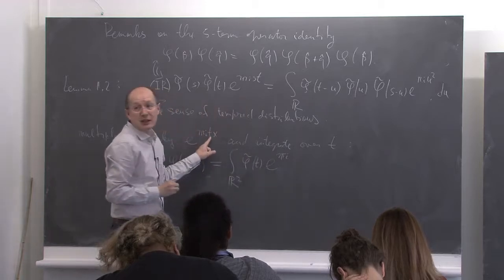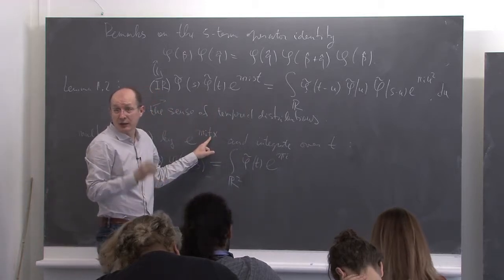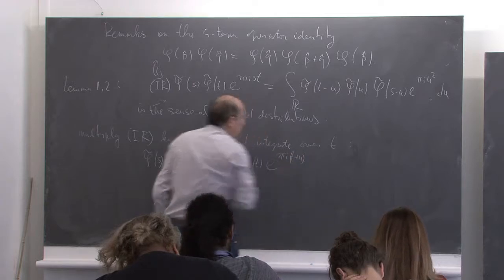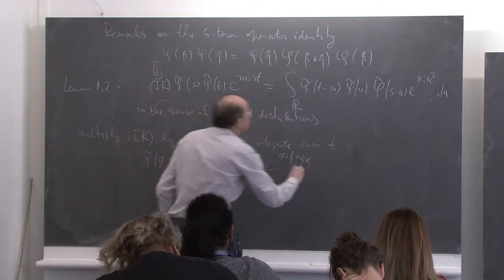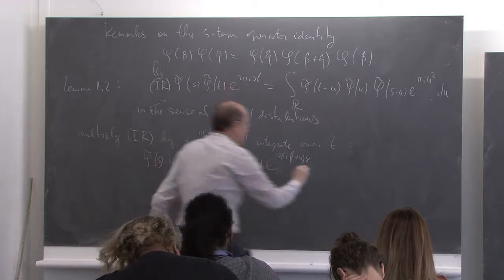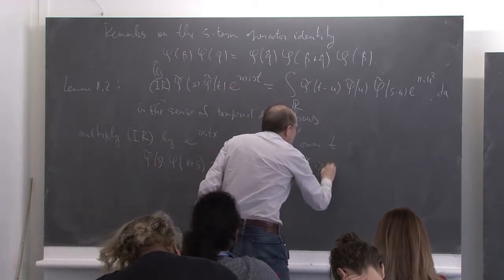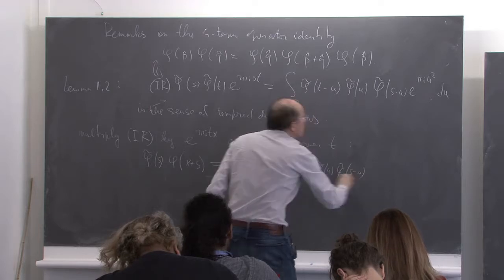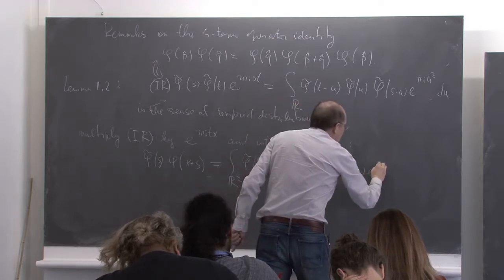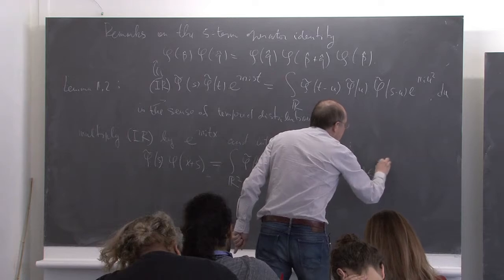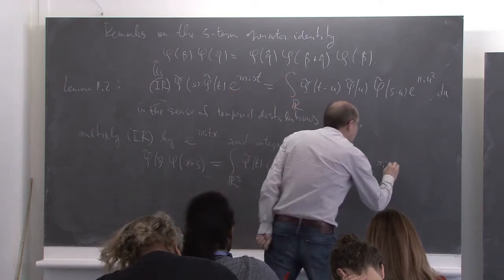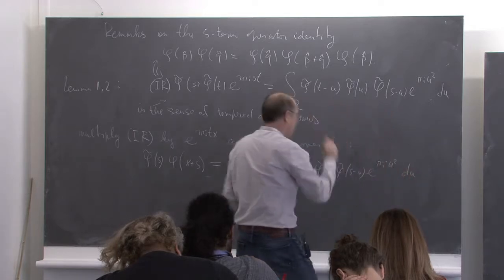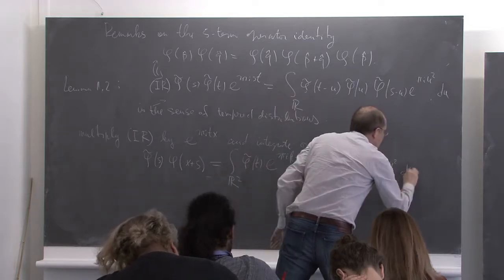But now t is translated, so instead of t, I will write t plus u times x. And the rest stays intact: phi tilde of u, phi tilde of s minus u, e to the pi I u squared, du, dt and du.